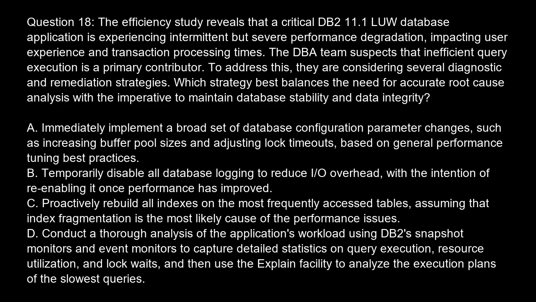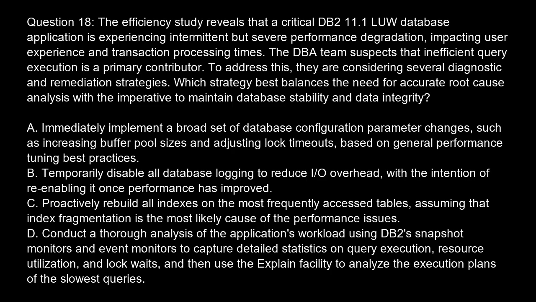integrity? Option A. Immediately implement a broad set of database configuration parameter changes, such as increasing buffer pool sizes and adjusting lock timeouts based on general performance tuning best practices. Option B. Temporarily disable all database logging to reduce I/O overhead, with the intention of re-enabling it once performance has improved.